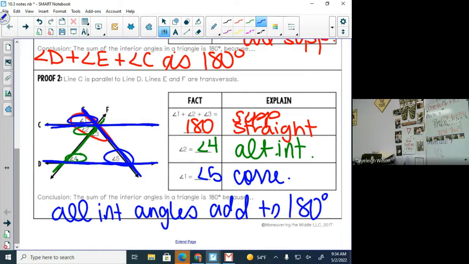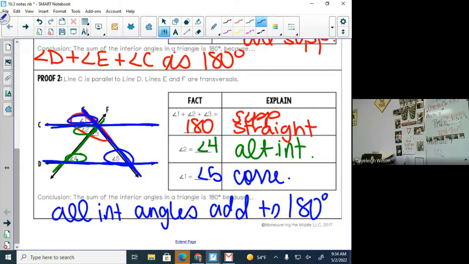So once again, these proofs that we're doing are not what the lesson is really about. These proofs are just showing us, okay, can we look at two parallel lines and see a triangle between them? So does everybody see the triangle between them?